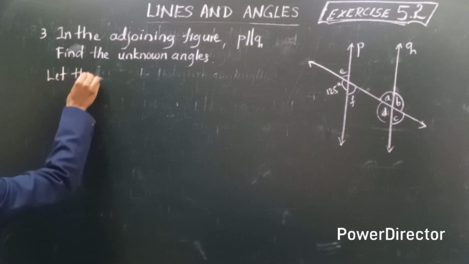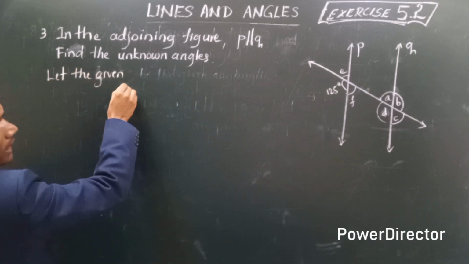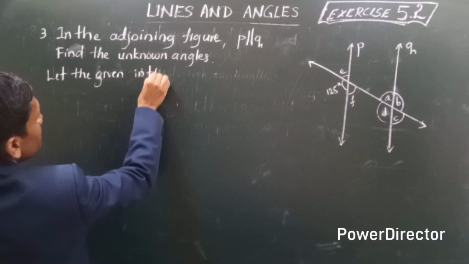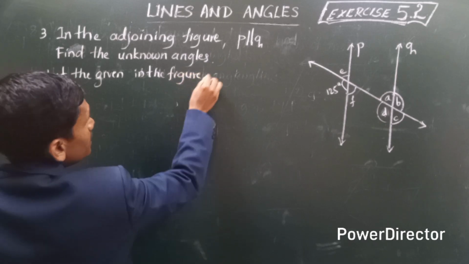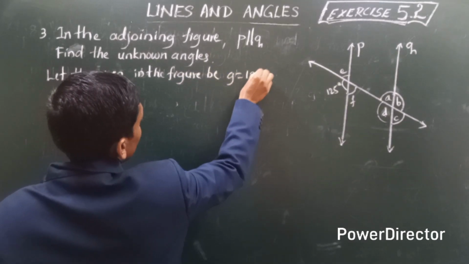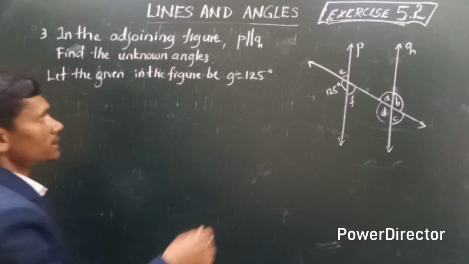Let the given angle in the figure, angle B, G is equal to 125 degrees, because E and F are given there. I am going ahead with the next letter, that is, J I have taken.